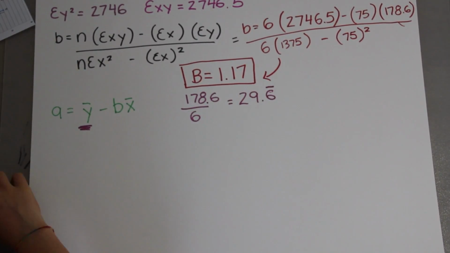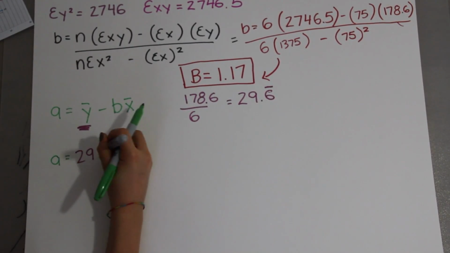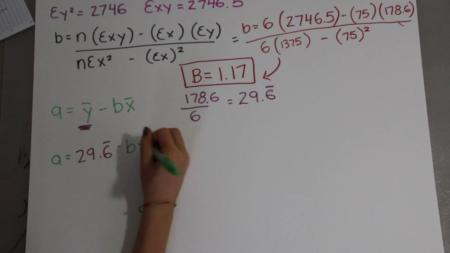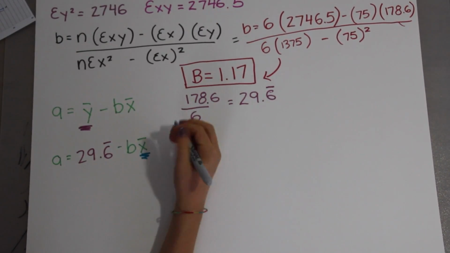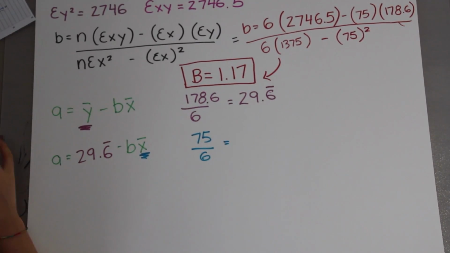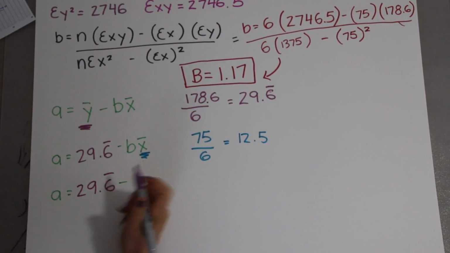That will give you the mean of y. Then find the mean of x by dividing the sum of x by the number of items, which is 75 divided by 6. That will give us 12.5.